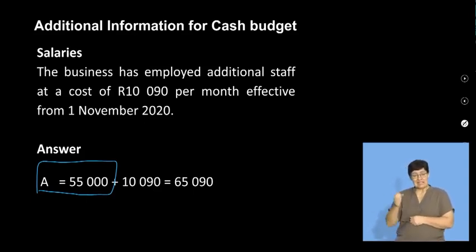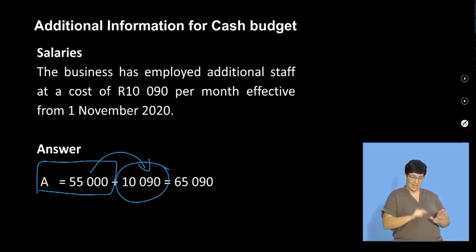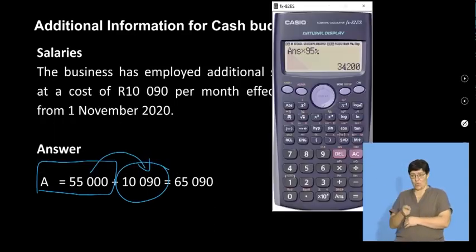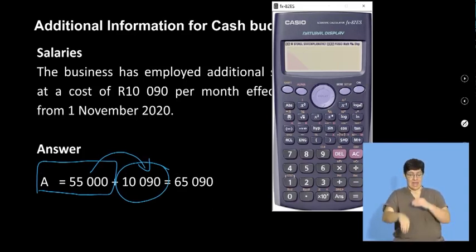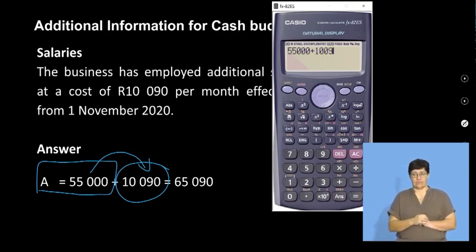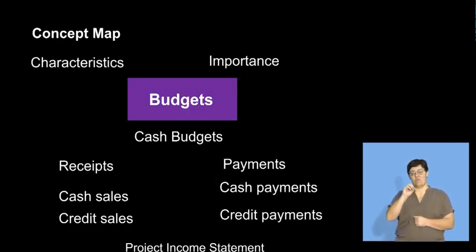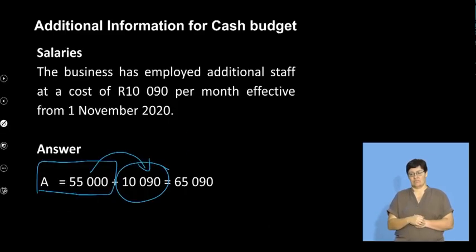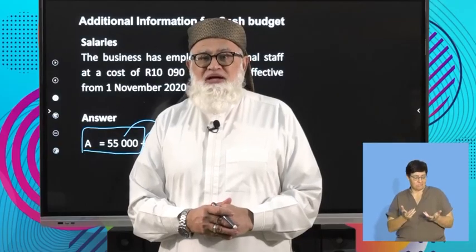And they will have a salary of 10,090, as a result of which your new forecasted salary will be, obviously, what you do here is take your 55,000 plus 10,090, and that will then give you 65,090. As you can see here, there's your 65,090, which is your new salary that you have forecasted in your budget period.